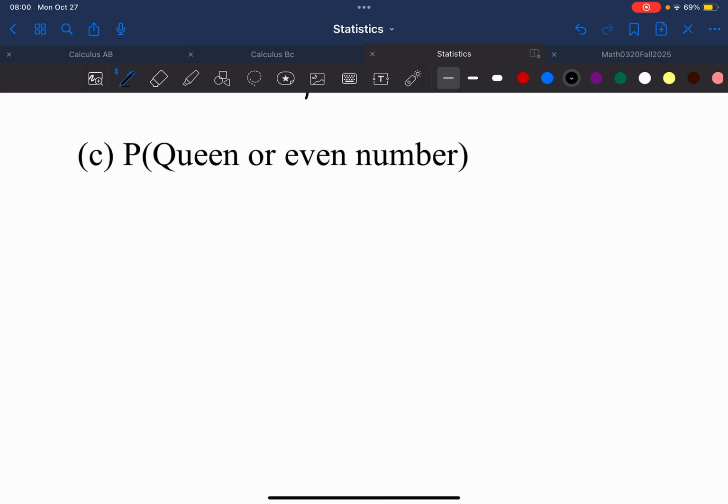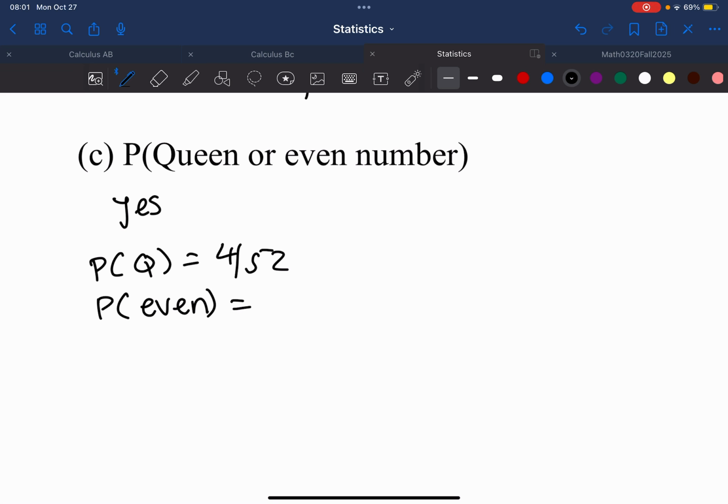C, probability of getting a queen or an even number. Well, yes, this is mutually exclusive because you can't be a queen and a number at all. Queen is separate from a number. So the probability of being a queen is 4 out of 52. Probability of being even is 20 out of 52.